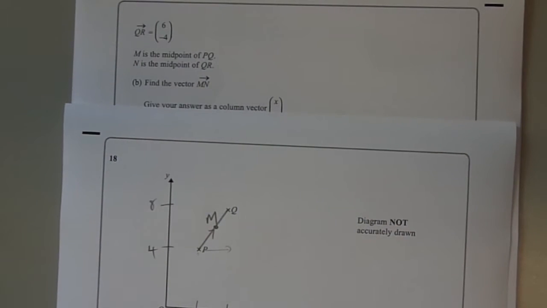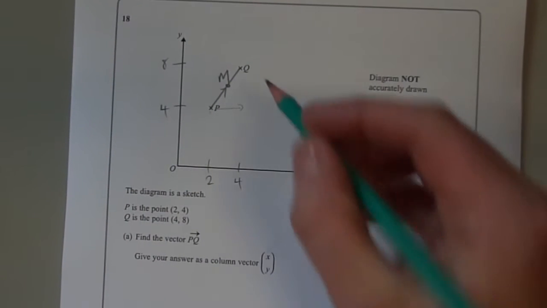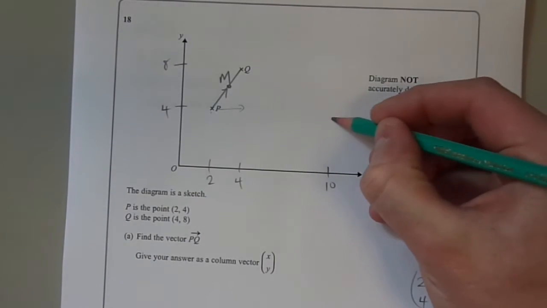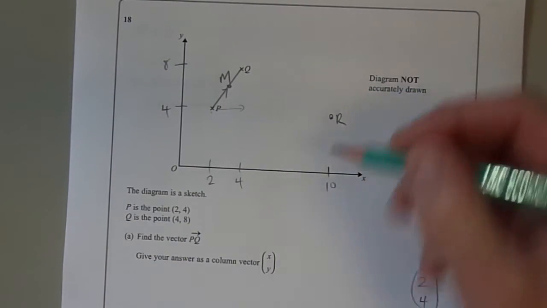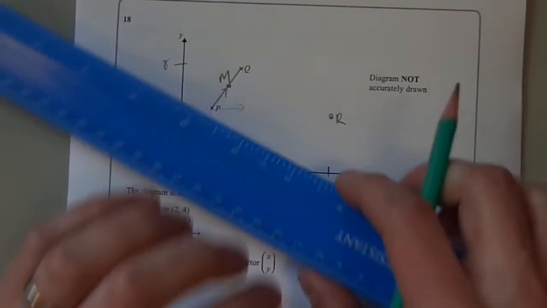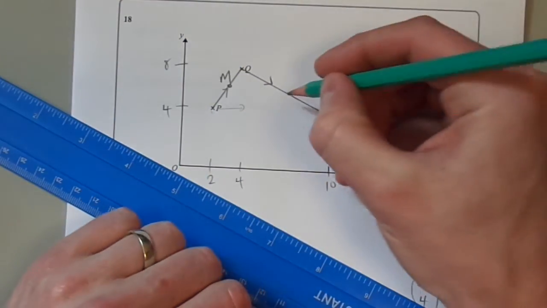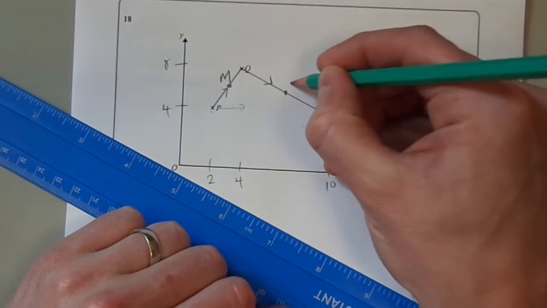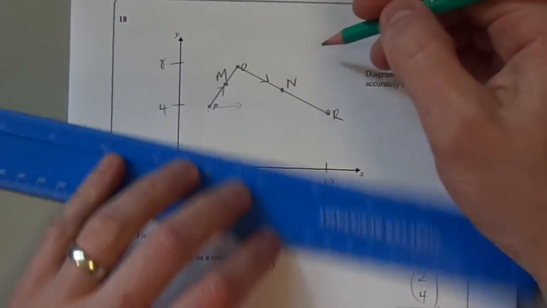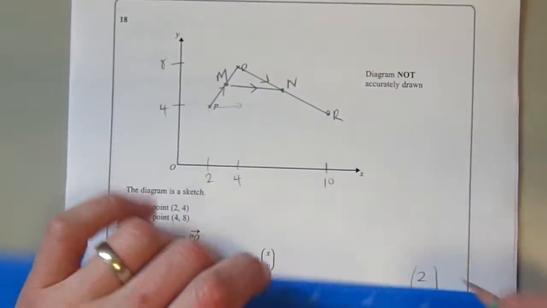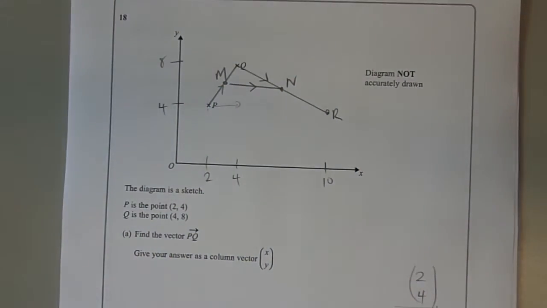Q to R is 6 to the right and 4 down. 6 to the right will take you up to 10. 4 down will take you back to 4. So there's the point R. There's the vector QR, and the midpoint N is around there somewhere. And this is the vector that we have to give for part B.